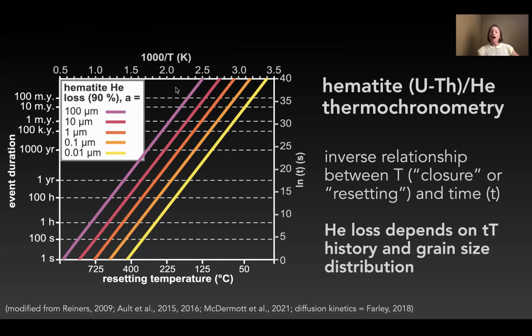This diagram highlights the inverse relationship between the temperature sensitivity of an aliquot and time. Helium loss and our resulting hematite helium date depends on the thermal history and the grain size distribution of an aliquot, which we can characterize with scanning electron microscopy.